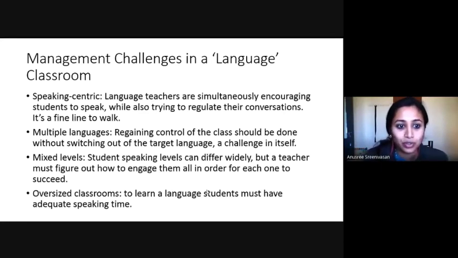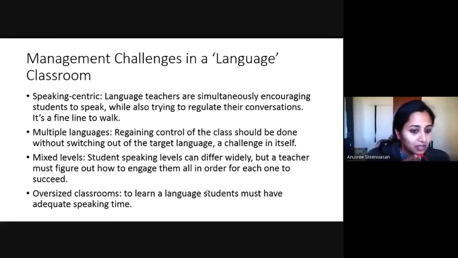You want the students to speak in your class, not to keep mum. You want them to use the target language that they are learning. But at the same time, we have to regulate their conversations. We don't want them to be chit-chatting all the time. So it's a fine line to walk, and that is an extra, added challenge in a language classroom.